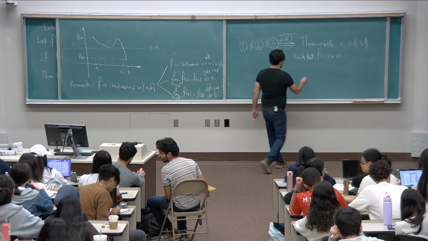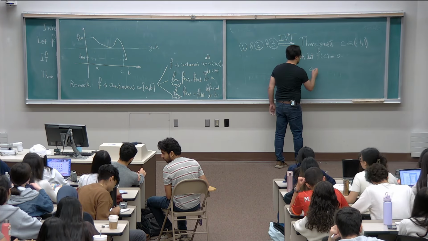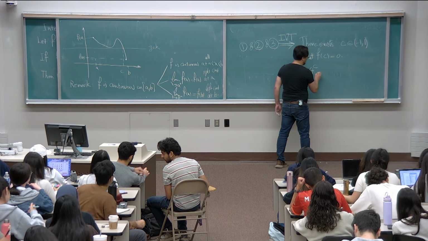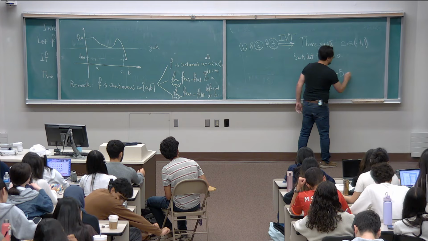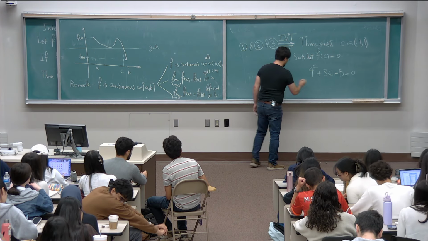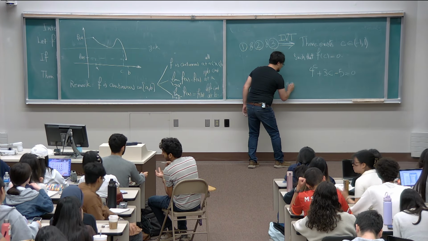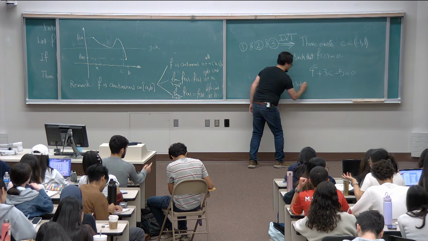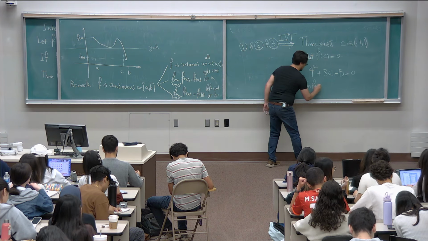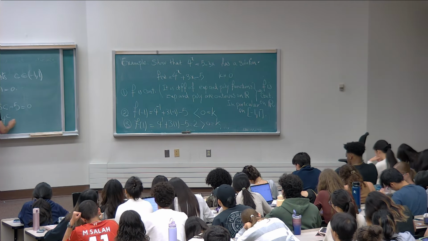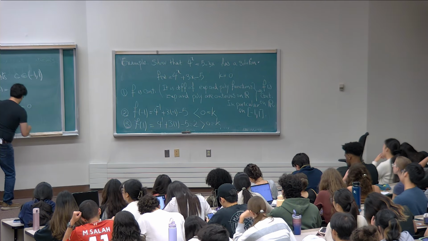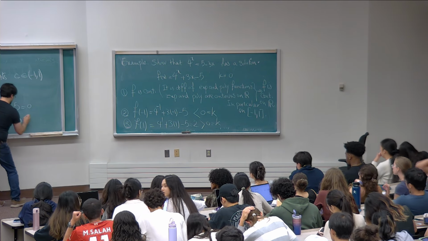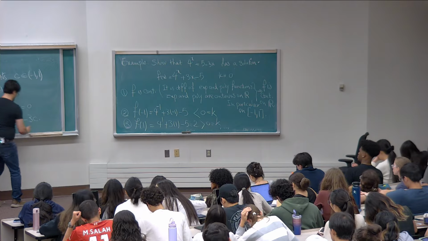Or in other words, I know that there is a number C such that 4 to the power C plus 3 times C minus 5 is equal to 0. Or in other words, C is a solution for 4 to the power C plus 3C minus 5.